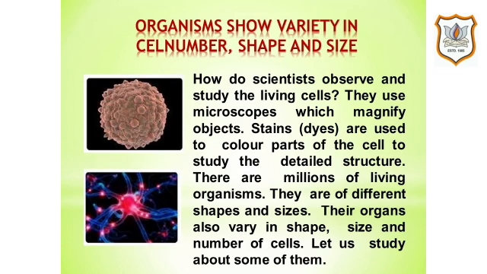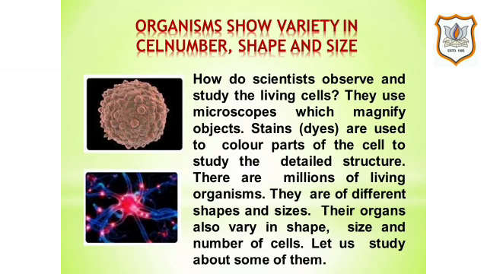This is called variety in shape of cells, or variety in cell shape. And third one is that cells in multicellular organisms can have different sizes. This is called variety in size of cells, or variety in cell size.